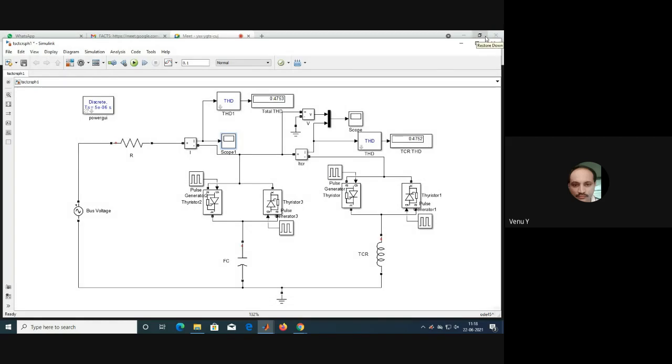So like this, you can do the single phase TSC-TCR type SVC with different ratings, and with different firing angles also you can try.